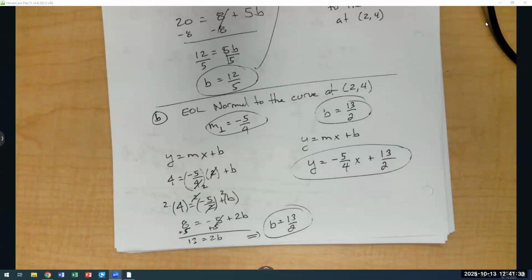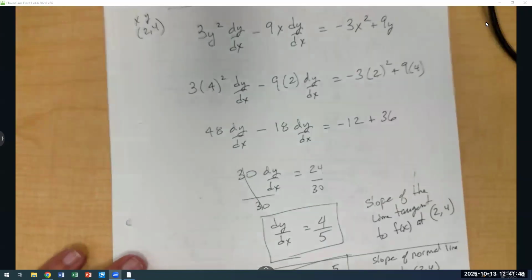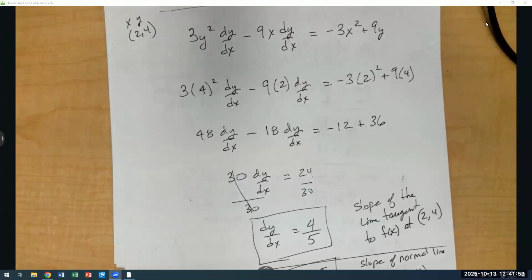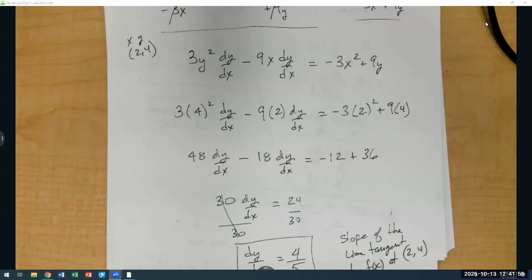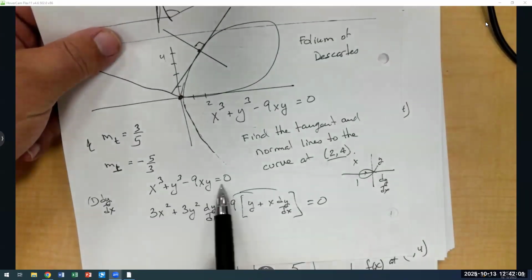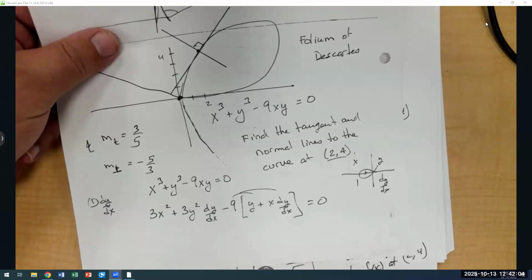The last 20 minutes were nothing but algebra. Nothing calculus was involved. It was all algebra. The only thing we did in calculus, right here, was find the dy dx from this equation.